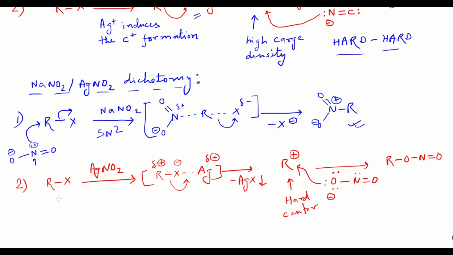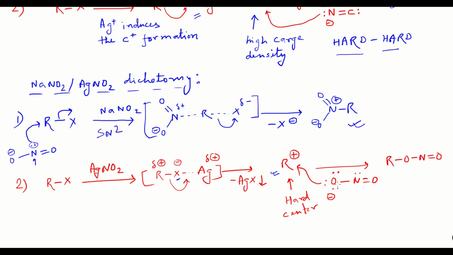And in the second example, where silver nitrite is used in place of sodium nitrite, silver ion will forcefully produce the carbocation in the same fashion as we have discussed earlier. Silver will initially interact with the halide ion, and thereby the formation of the carbocation will be forced.